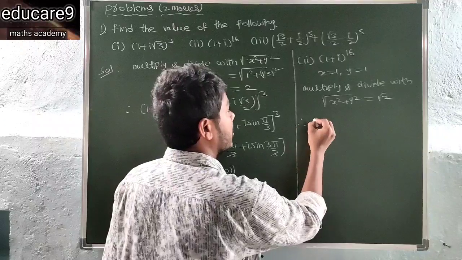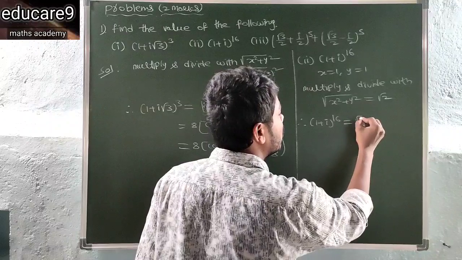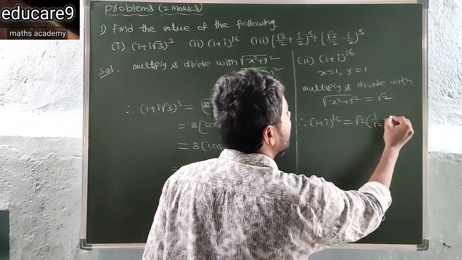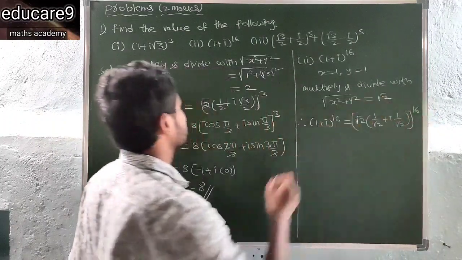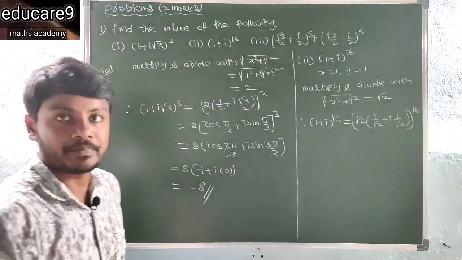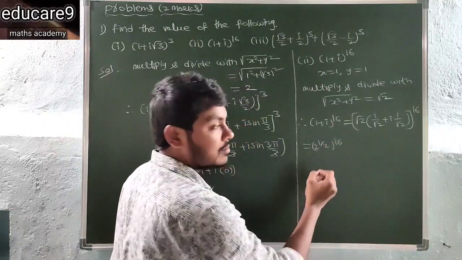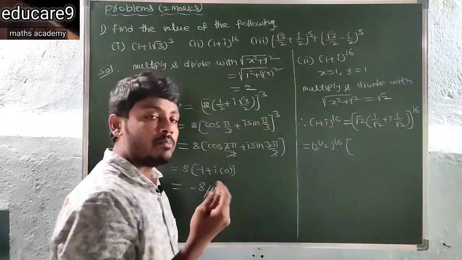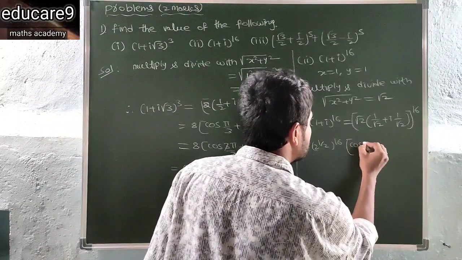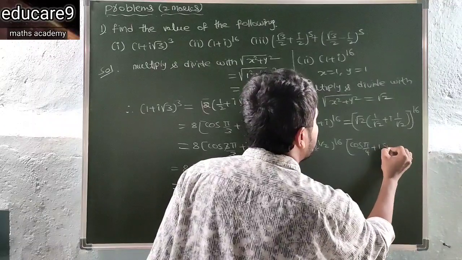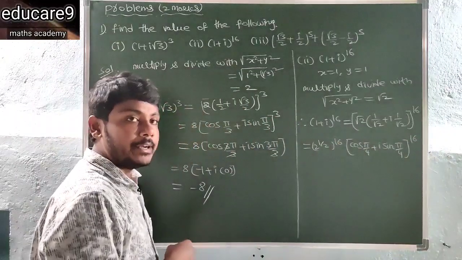So therefore (1 plus i) whole to the power of 16 can be written as root 2 into (1 by root 2 plus i into 1 by root 2) whole to the power of 16. Now clearly this can be written as (2 to the power of 1 by 2) whole to the power of 16, and 1 by root 2 plus i 1 by root 2 write in terms of cos theta plus i sin theta. So that is (cos pi by 4 plus i sin pi by 4) whole to the power of 16. So here you have to apply De Moivre's theorem.